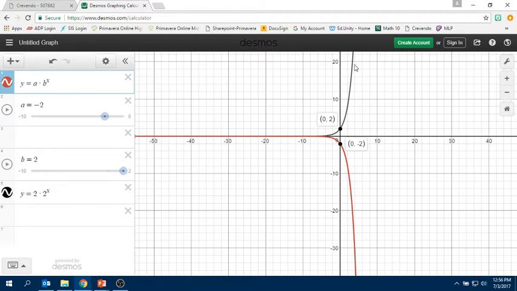It's like we flipped it over, and it would fold right on itself if we folded it over that x-axis. All right, so you can think of changing that a value to a negative number as having the effect of flipping the exponential function over the x-axis, what we call reflecting it over the x-axis.